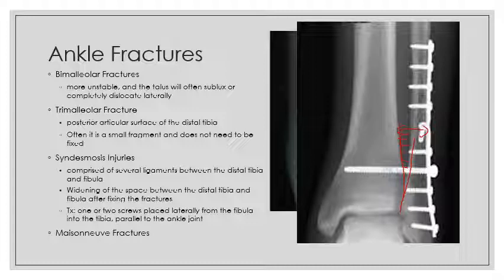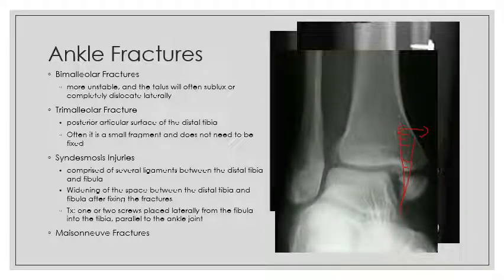There's also what we call a Maisonneuve fracture, which is basically a fracture of the proximal fibula in association with the medial malleolus fracture or rupture of the deltoid ligaments. And this almost always has an injury to the syndesmosis.